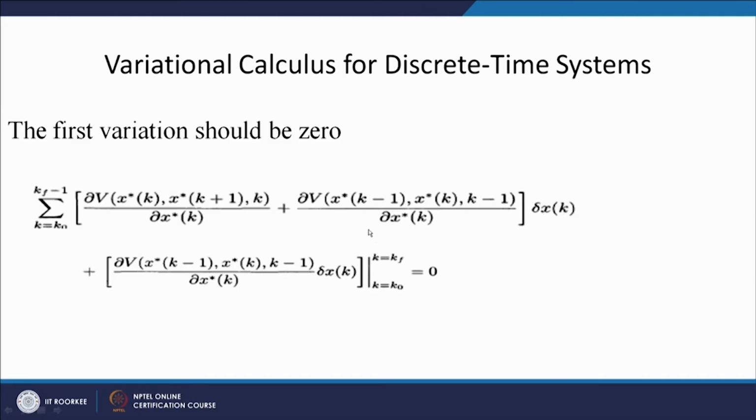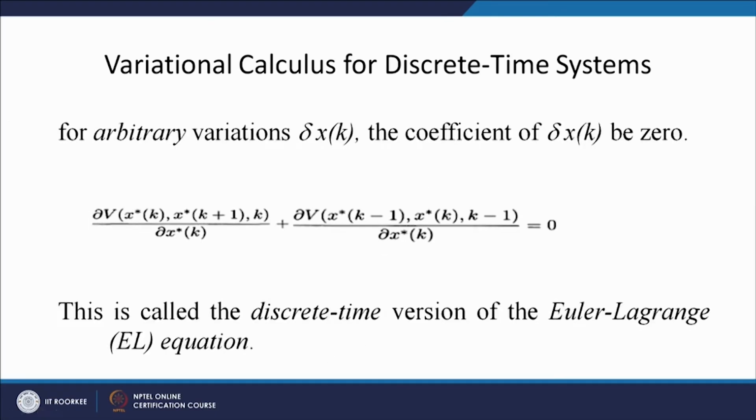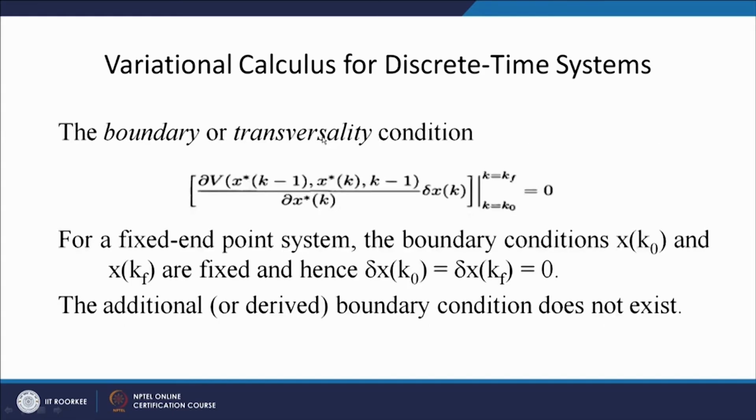So, for this whole equation to be 0, the coefficient of delta x k must independently be 0, and the boundary condition second term will also be equal to 0. The coefficient of the arbitrary variation delta x k being 0 is called my discrete time version of the EL equation. For the boundary condition, my second term must be equal to 0.